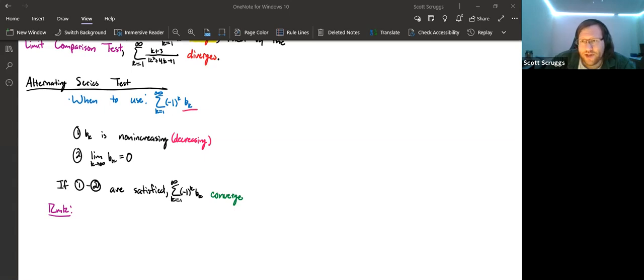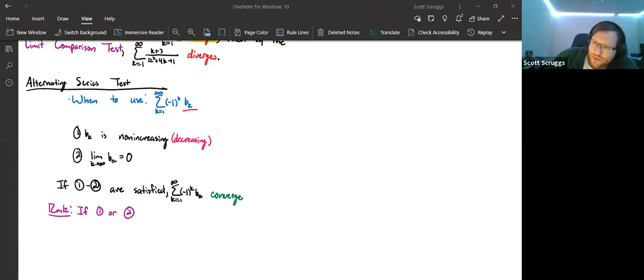It means the divergence test cannot be used here. Same thing is true with the alternating series test. If you do not satisfy condition 1 or 2, that does not automatically mean the series diverges. It just means I cannot use the test. So I'm going to make that as a remark.